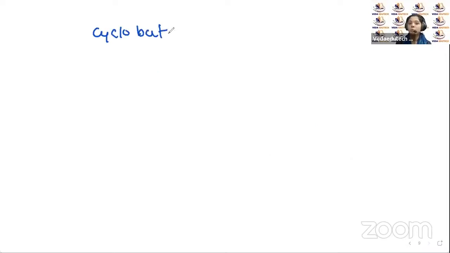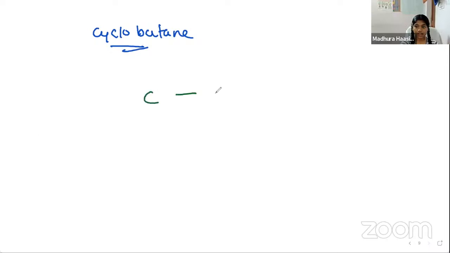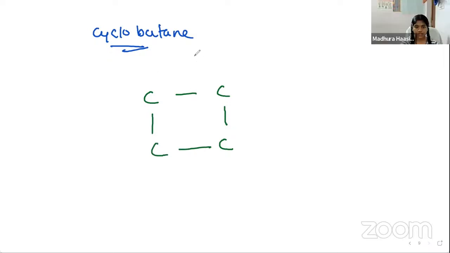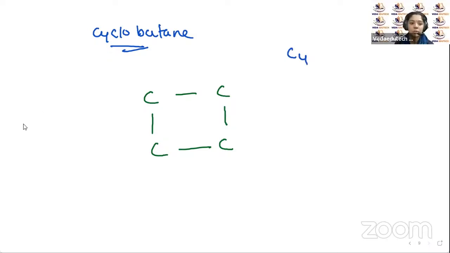Now, cyclobutane. In butane, how many carbons will be there? 4 carbons. 1, 2, 3, 4. 4 carbon atoms. Now these carbons will be balanced.